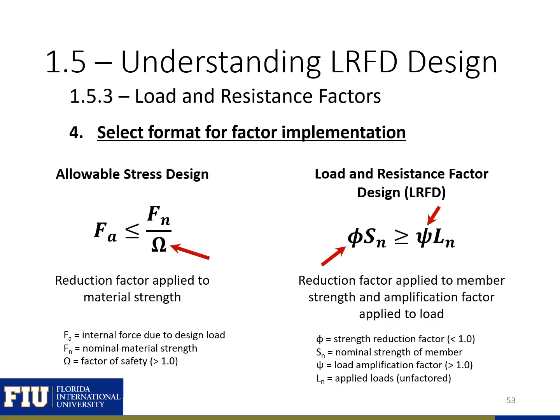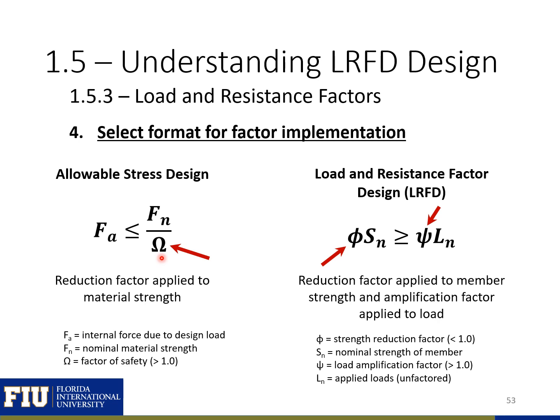Now that we've looked at all the different types of variability that we can have, we need to select a format for our factor implementation. The two main types are allowable stress design and load and resistance factor design, LRFD. With allowable stress, we have a reduction factor that we apply to our material strength, and all of our variability for our loads and our strength are accounted for within this reduction factor.